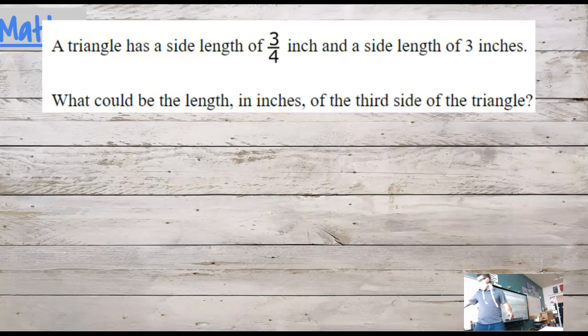You remember we used this with the triangle examples with moving the sides around? We did for one of them. Yeah, this is the difference, or you could write subtraction if you want. And over here, this is the sum. So our difference, the minimum side length that this could be, is if we do 3 minus 3/4, which gives me 2 and 1/4, right?